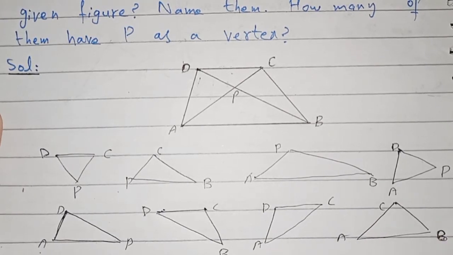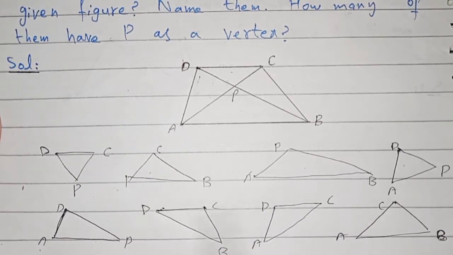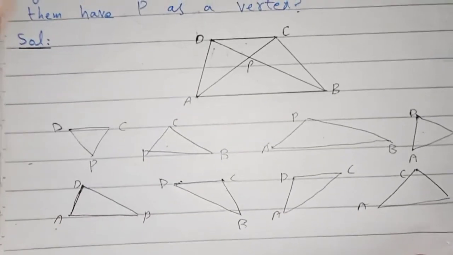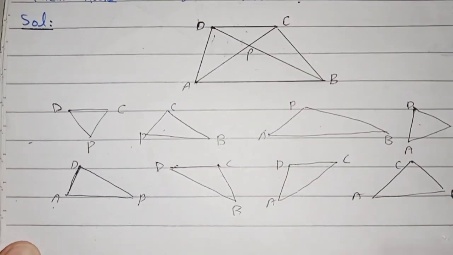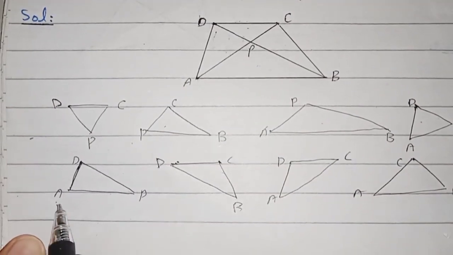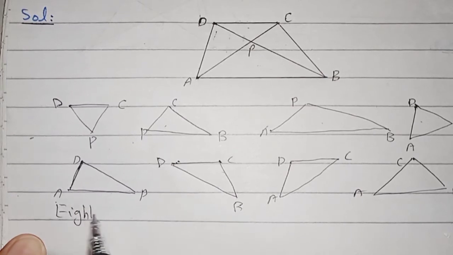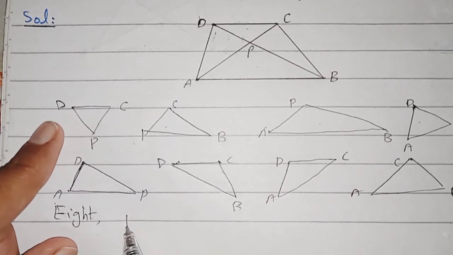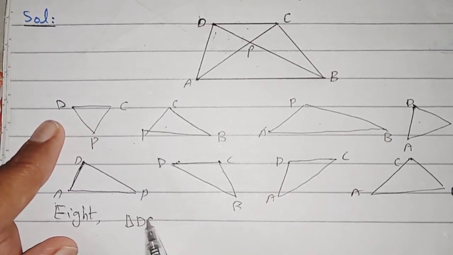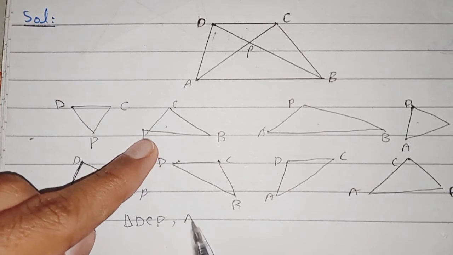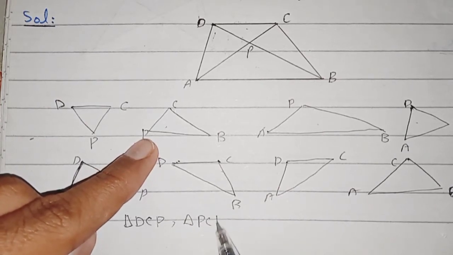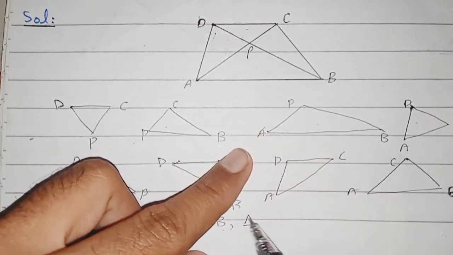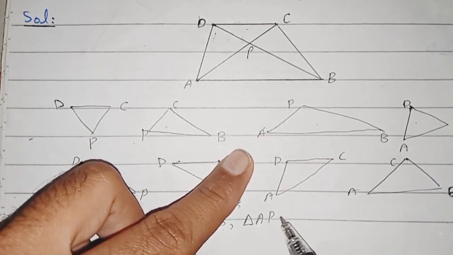So how many triangles are forming? 1, 2, 3, 4, 5, 6, 7, 8. 8 triangles are forming. We can write there 8. We can name them. First one is triangle DCP. Second one is triangle PCB. Third one is triangle APB.